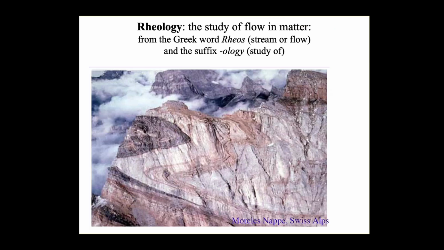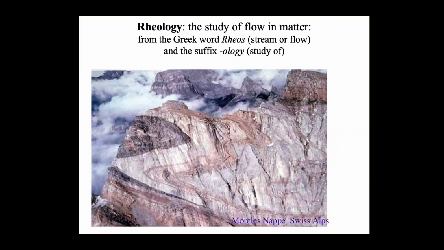All right, so now we're getting into rheology. Now I hope you're starting to understand what we're talking about when we use the word rheology. Rheology is the study of flow in matter. So it's from the word rheos, which is stream or flow, and the suffix ology, the study of.